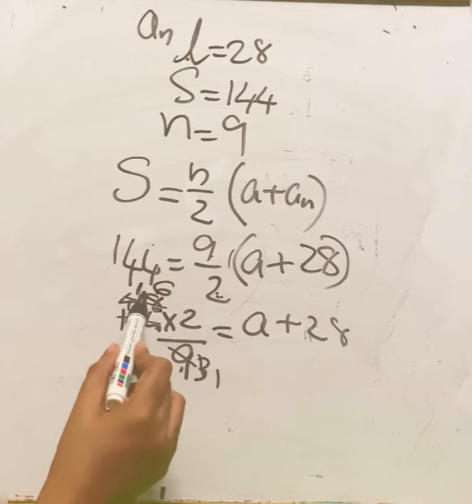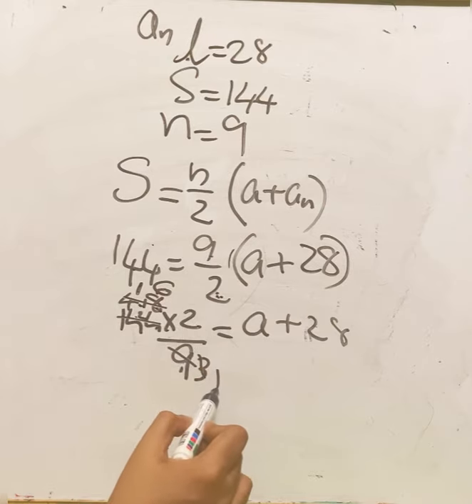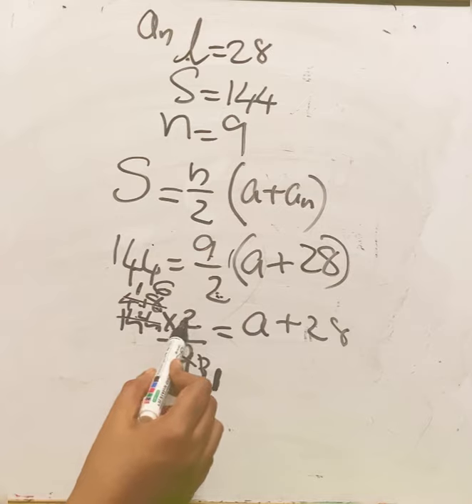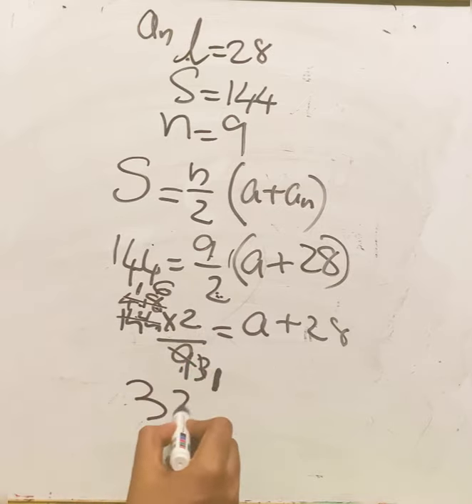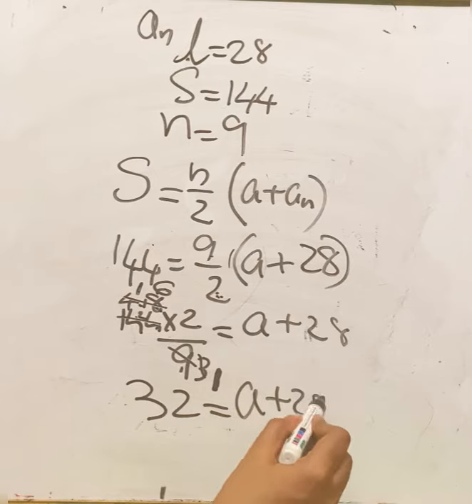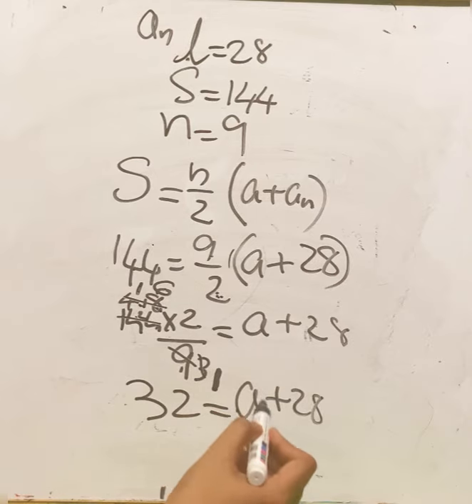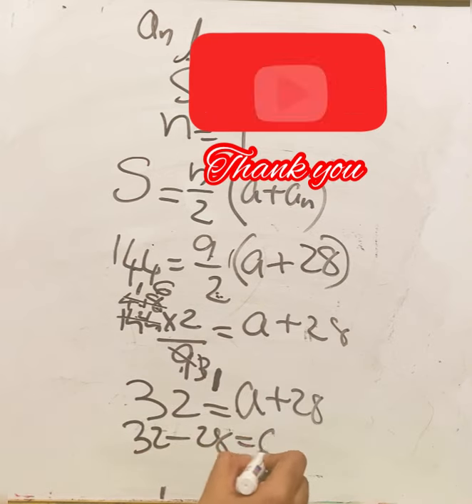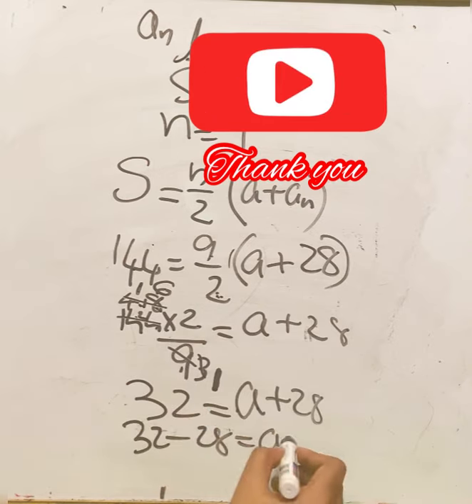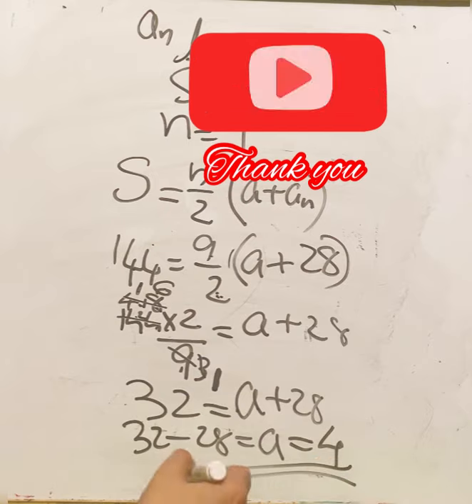So in the numerator we have 16 into 2 and in the denominator we have 1. 16 into 2 is 32. 32 by 1 means 32. So 32 equal to a plus 28. We need the value of a, so take this 28 to the other side. It becomes 32 minus 28 equal to a. 32 minus 28 is 4. So the value of a is 4.